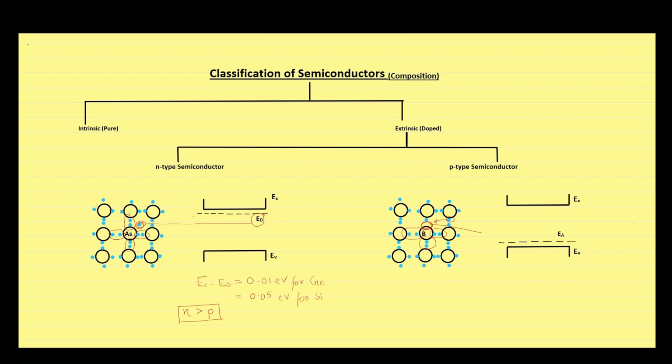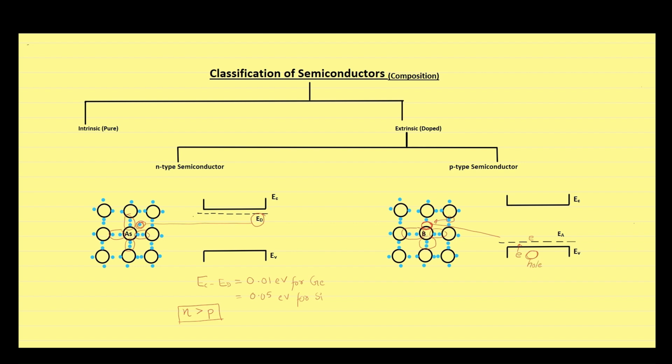The energy level of these electrons is represented by EA, and you can see that a very small amount of energy is required for an electron in the valence band to make a transition to the energy level EA, leaving a hole in the silicon site, which ultimately results in hole current.